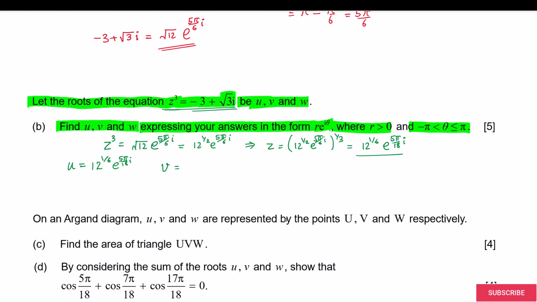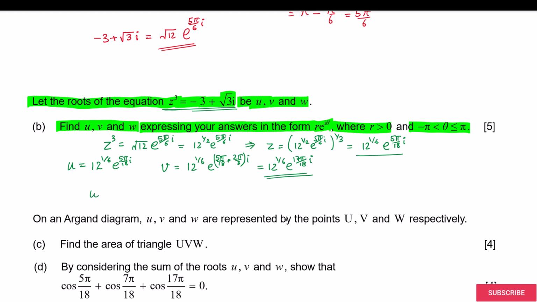The modulus would be the same because the radius of the circle is the same, and the next argument is like you are adding 2 pi by 3, which means 120 degrees. So it's 5 pi over 18 plus 2 pi by 3. We simplify it as 3 into 6, 18, so 12, 17, it becomes 12 to the power 1 over 6, e to the power 17 pi over 18 iota. That's V.